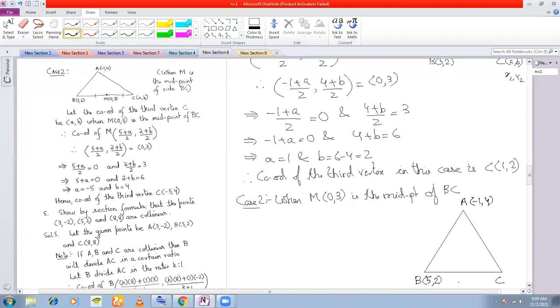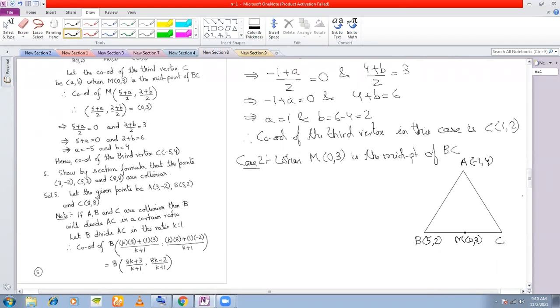And C we have to find out. And this time we are considering M(0, 3) as the midpoint of BC. Okay. So again, we start here by saying, let the coordinates of C be (a, b). We have taken the coordinates of C as (a, b). Therefore, what is the coordinate of the midpoint of BC?